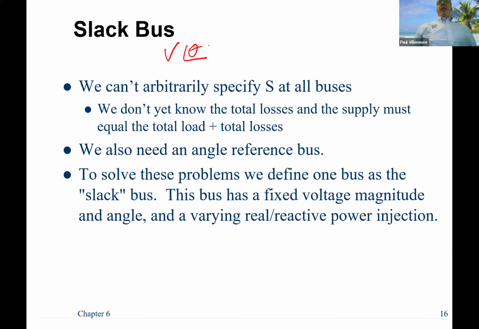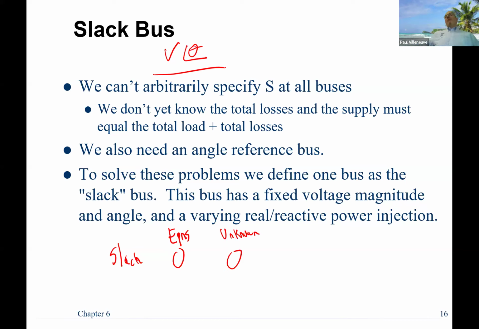So when we think about writing equations for the slack bus, how many equations can you write? None. You can't write any equations because you don't know what the power injected is supposed to be at the slack bus. But that's okay, because the number of unknown variables is near 0.